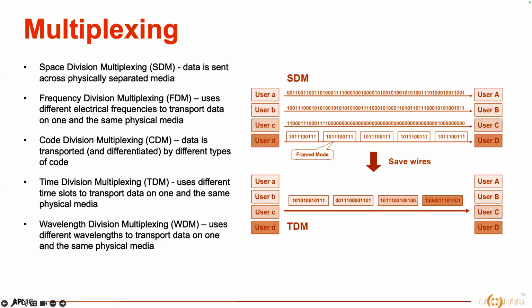Then we come to the idea of frequency division multiplexing, where all the data are transmitted at different frequencies over one single channel, one physical channel or one optical fiber, right?